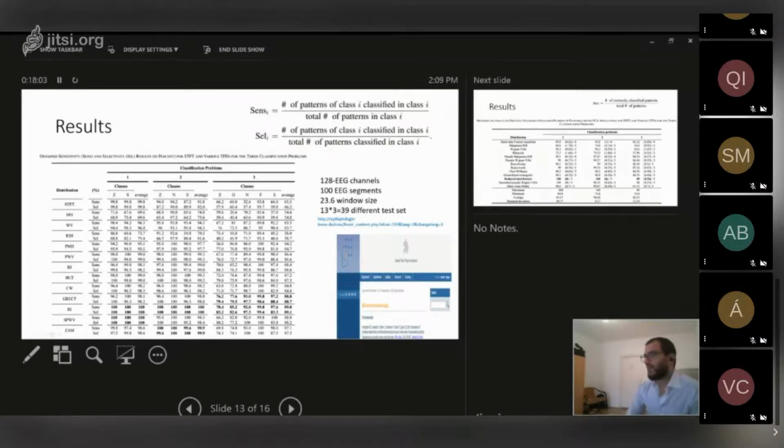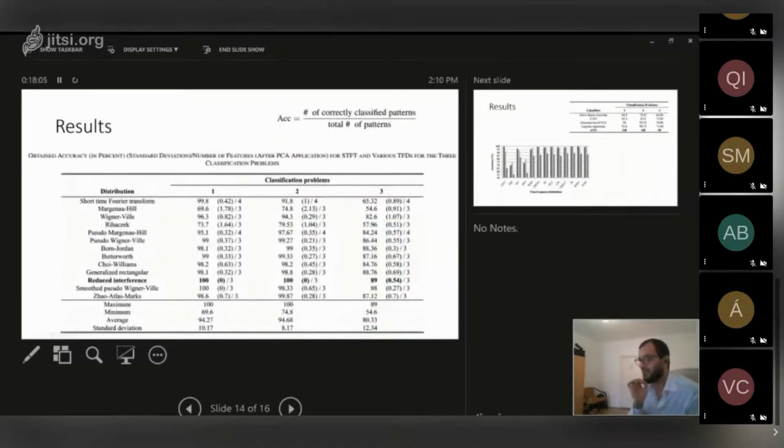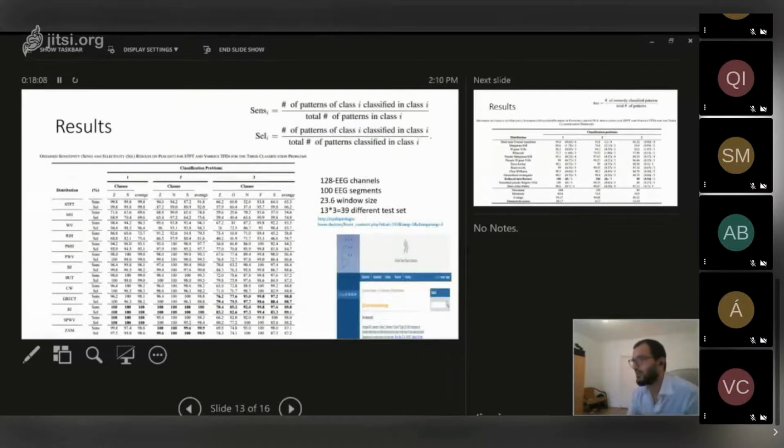Okay, I will explain a little bit here. Here you can see two big differences between MH and MH feature extraction from the original signal, which you can see for two classes.